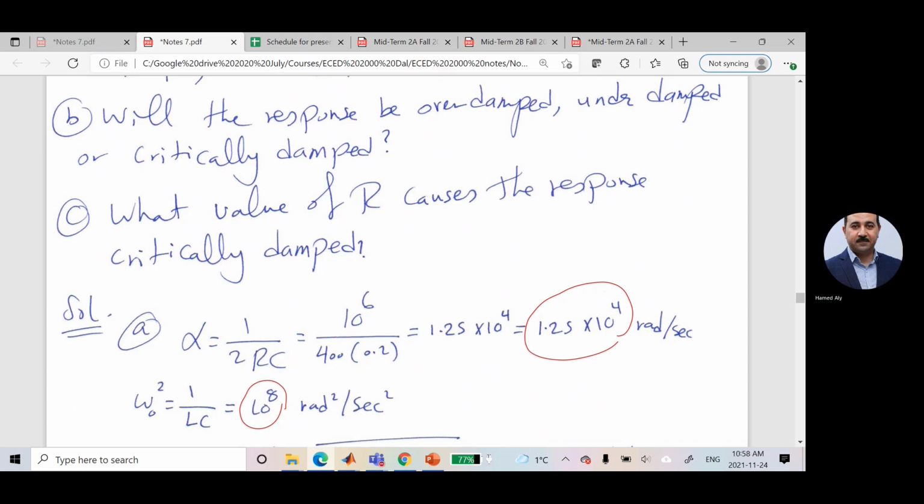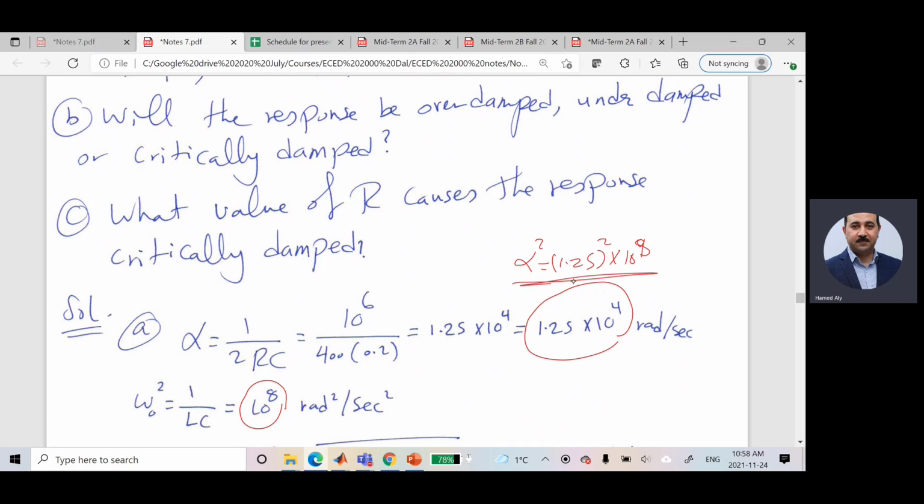So I'm going to find alpha squared, which will be equal to 1.25 squared times 10 to the power 8, because it is 10 to the power 4 squared. So I will compare between this and this.